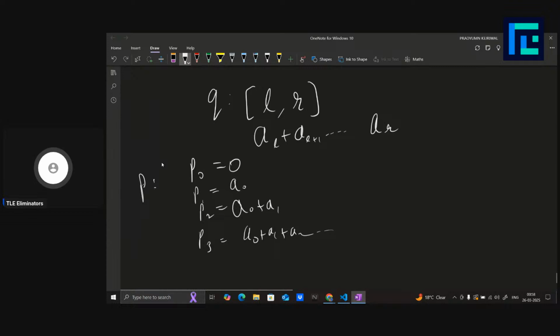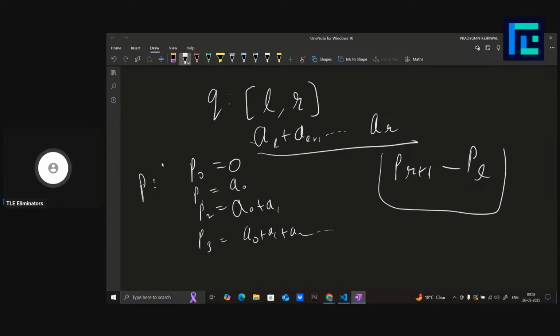So if you want this sum, you can just take the prefix of R plus 1, which will have A of 0 to A of R, and subtract A of 0 to A of L minus 1, which is P of L. So that is prefix sums. For DP I was asking.